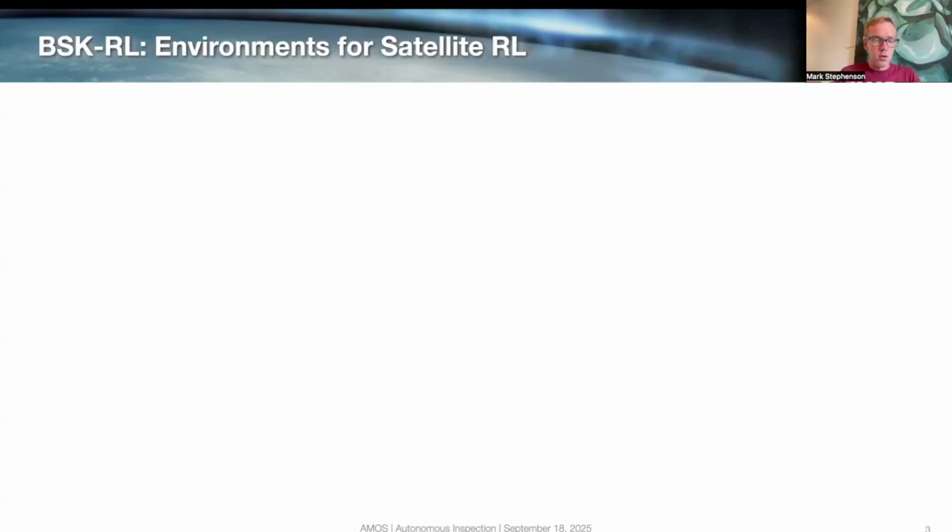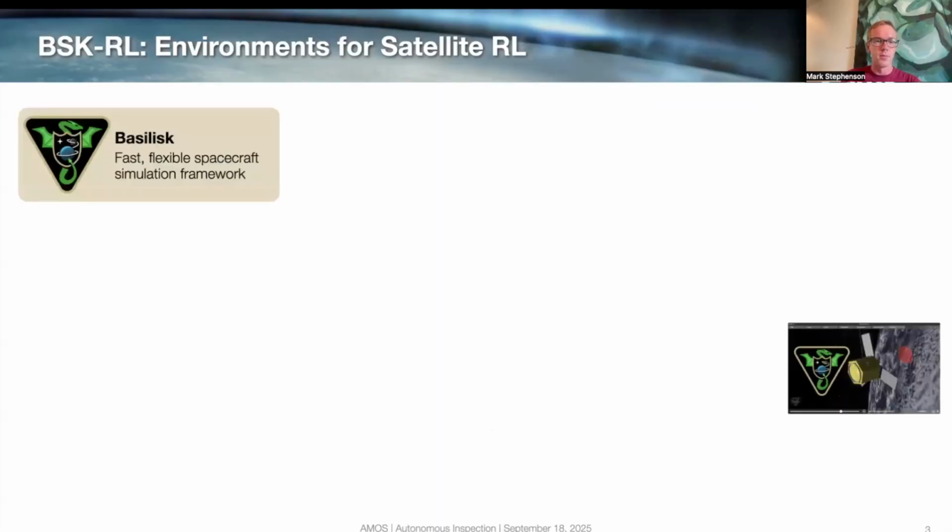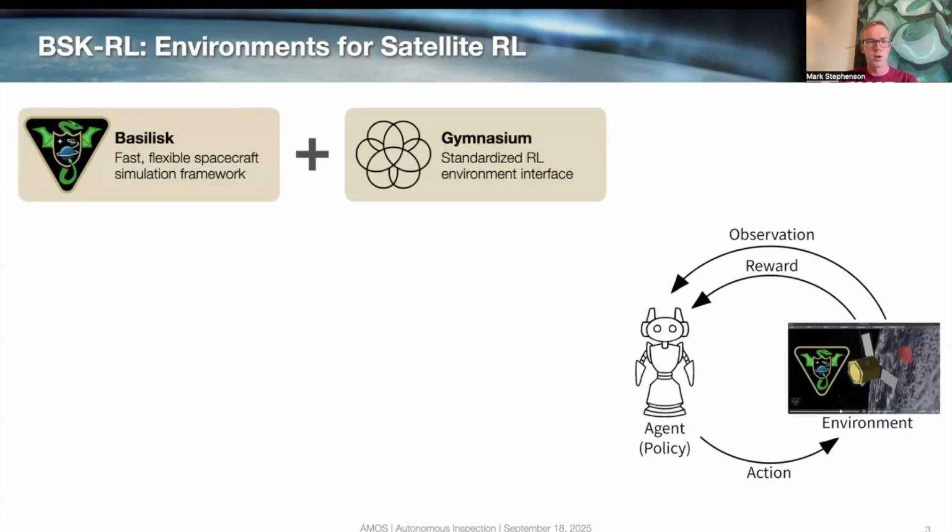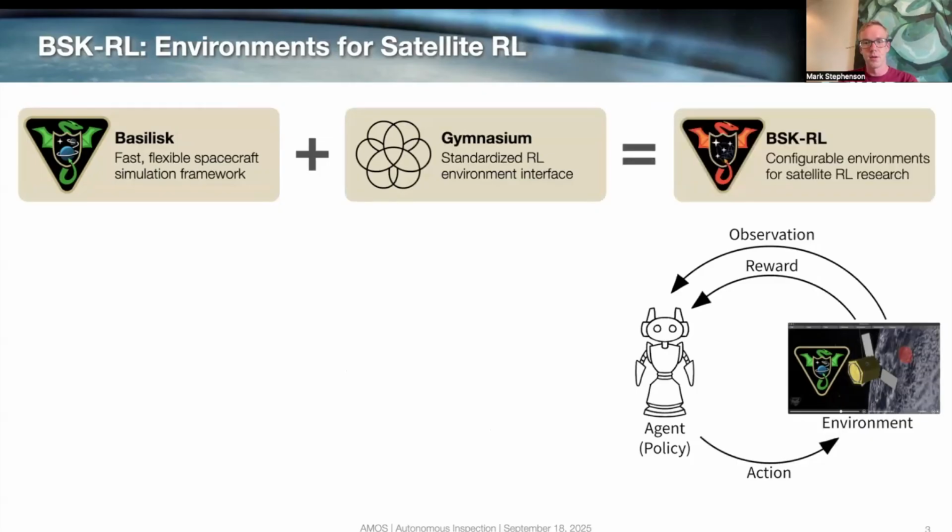So briefly, before I go into our approach to the problem, I want to introduce BSKRL, which is a piece of software that the lab has been developing to enable the sort of research that you're going to see here. It combines Basilisk, which is a fast and flexible spacecraft simulation framework, with your standard reinforcement learning interface, Gymnasium, to get BSKRL.